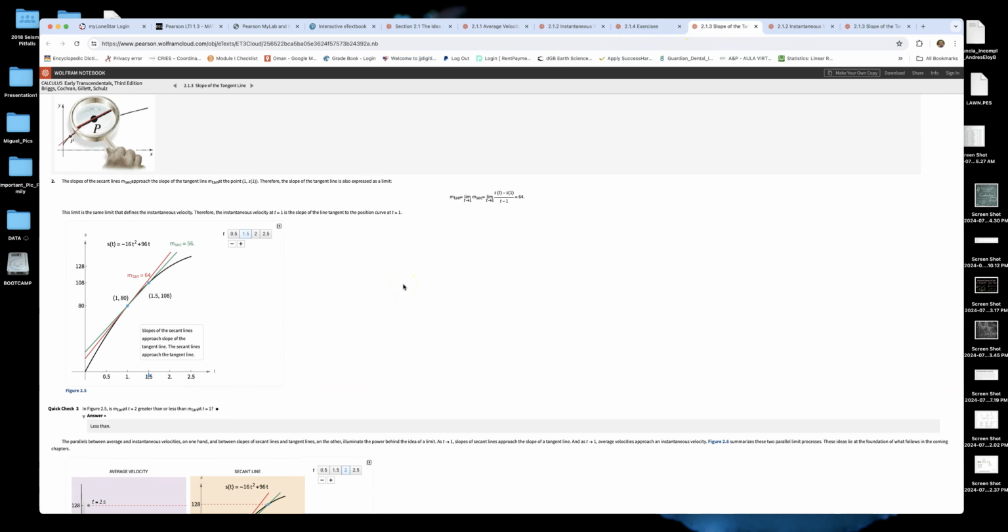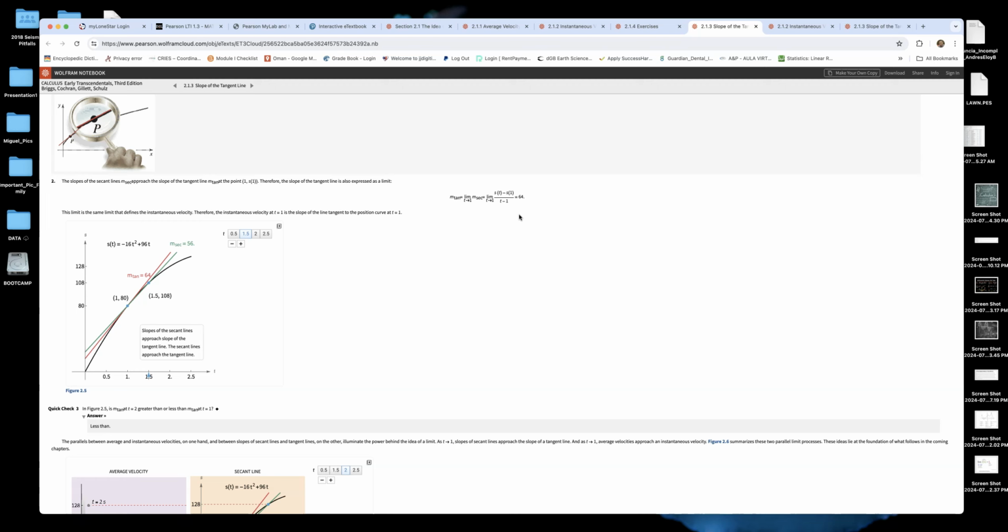When you make the elapsed time smaller, very close to the reference point at which I want to compute the velocity, in this case 1 second, all the slopes of the secant lines are going to tend to a limiting slope, which is the slope at that reference point.